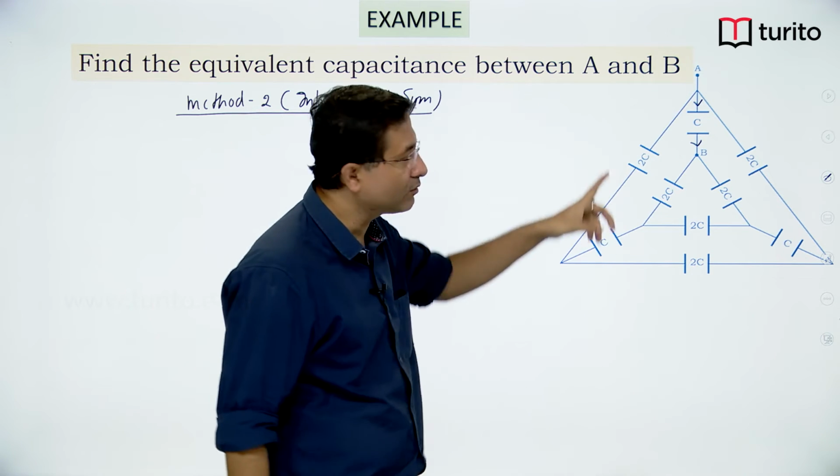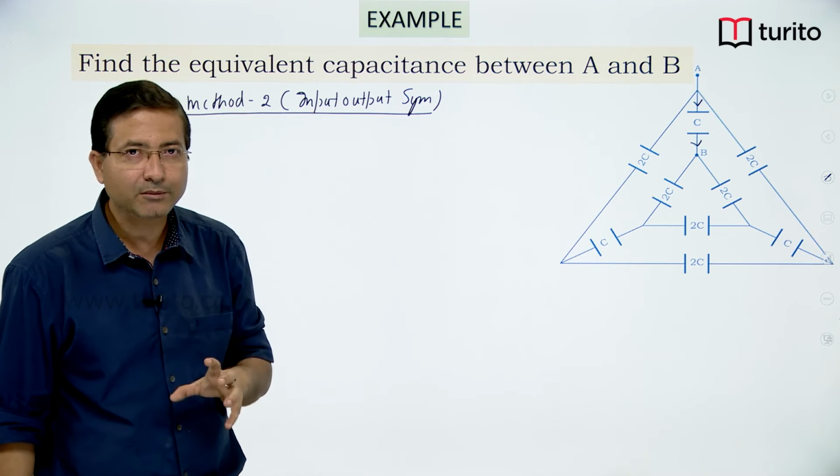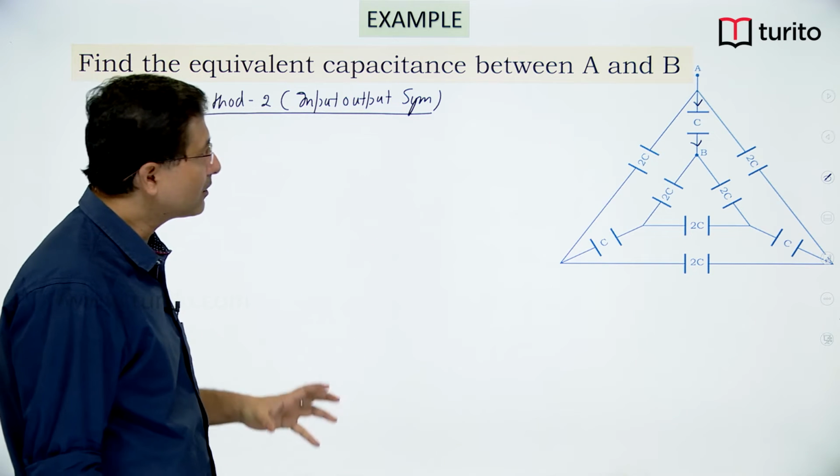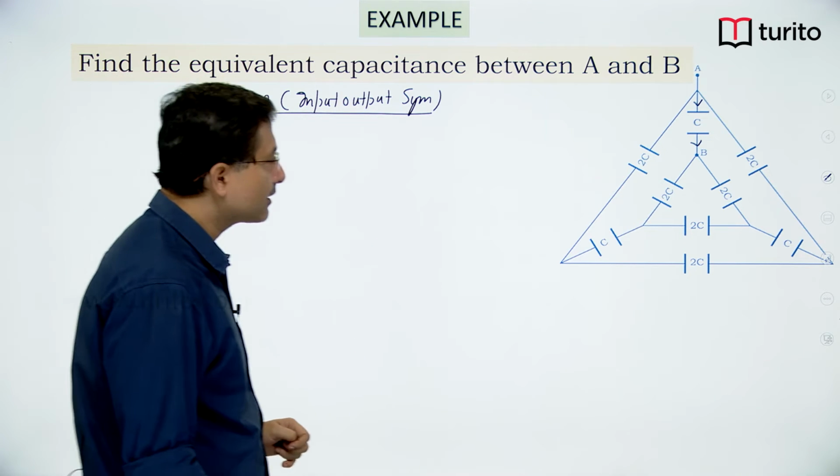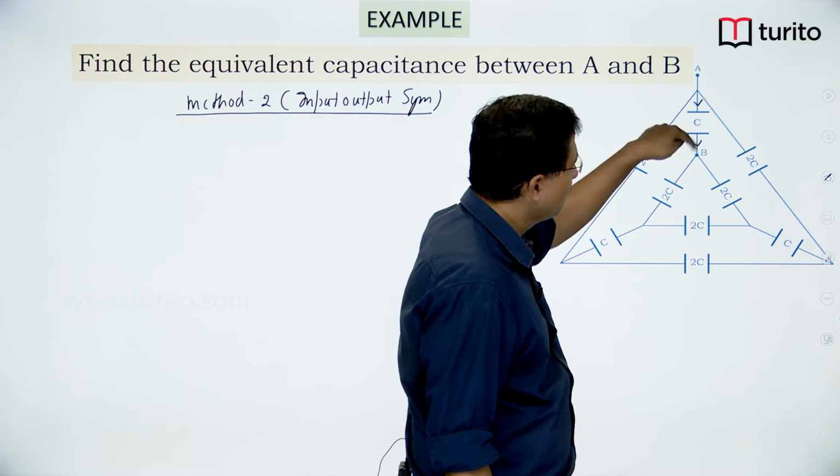If you are asked to find the capacitance between AB, that means the battery is going to be connected across AB. So this charge will directly flow, right.